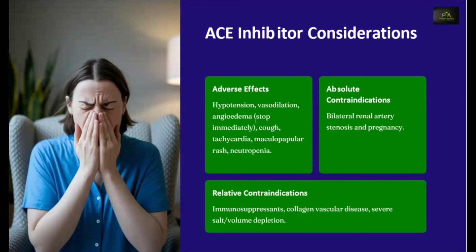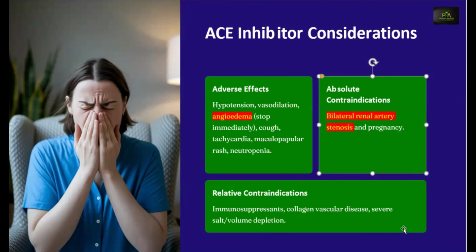So what are the side effects? The side effects, it can cause vasodilation, the angioedema. Once you notice the angioedema, which is those swellings, they need to stop it right away. Okay, then it's contraindicated, very important, in pregnancy and bilateral renal artery stenosis, very high yield in the exam.